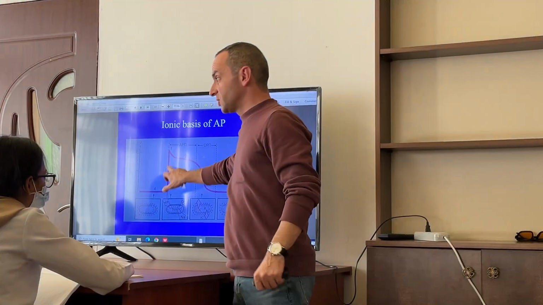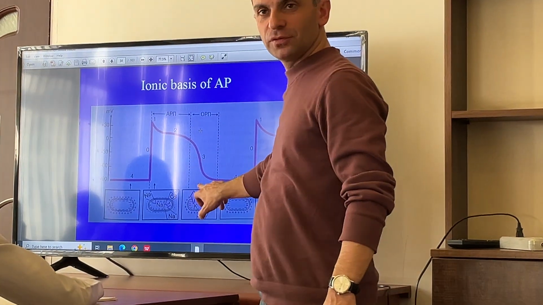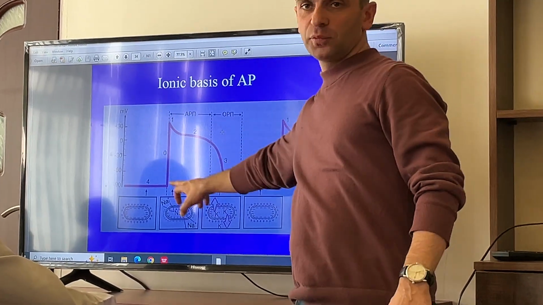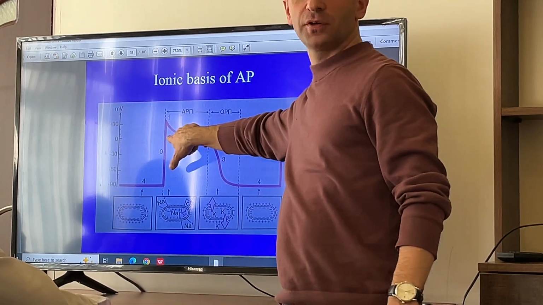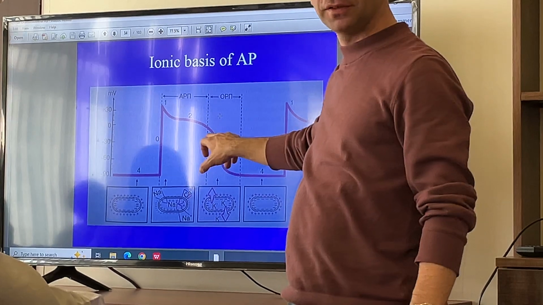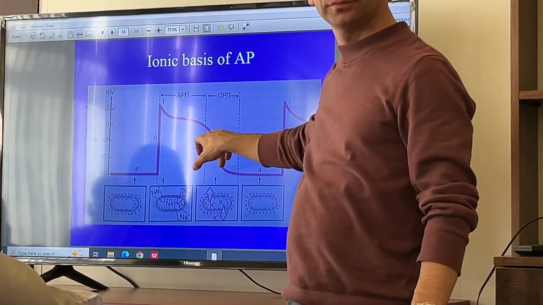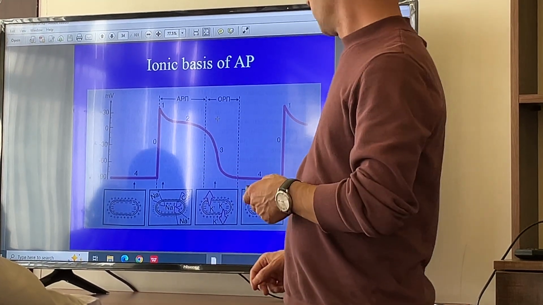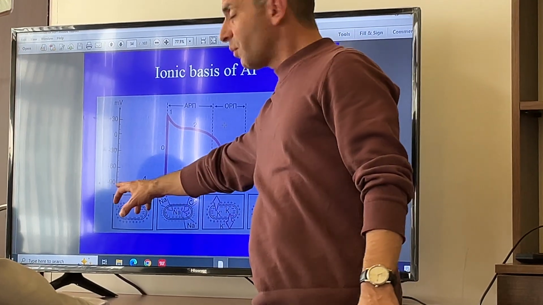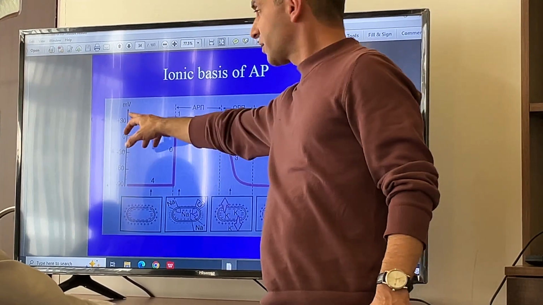So this is depolarization, this is repolarization. This period of the curve is the absolute refractory period, this is the relative refractory period.